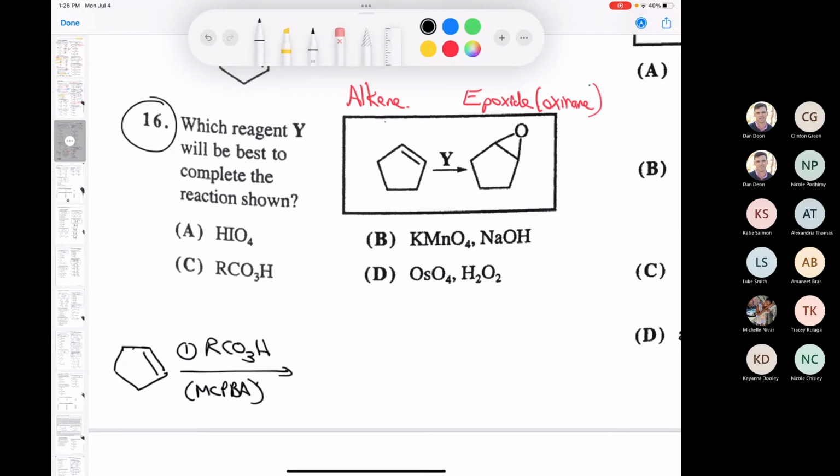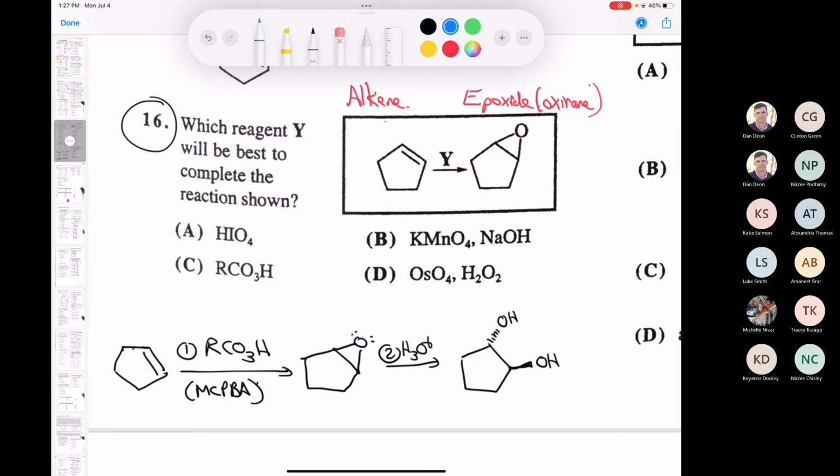That's just a type of peroxy acid. And what that does is it makes the epoxide like this. Then in step 2, we treated that with H3O plus, and that breaks the ring open so that you end up with a trans diol. You get anti-addition of two hydroxyls.